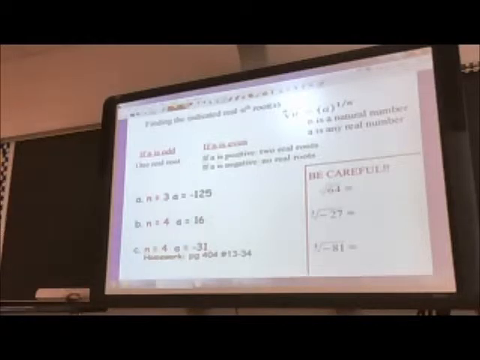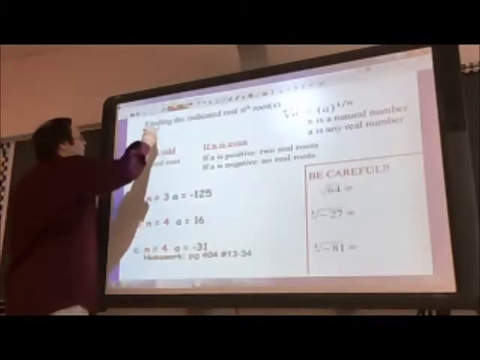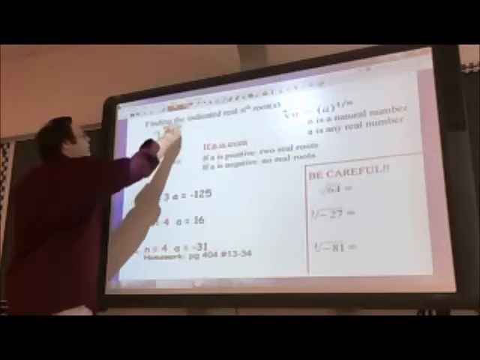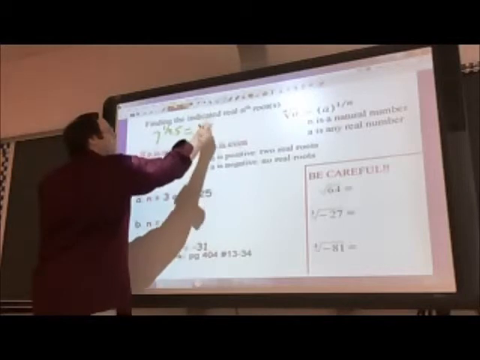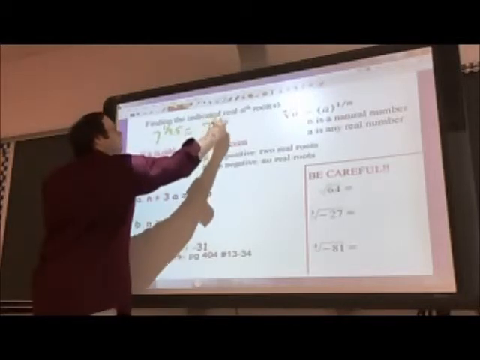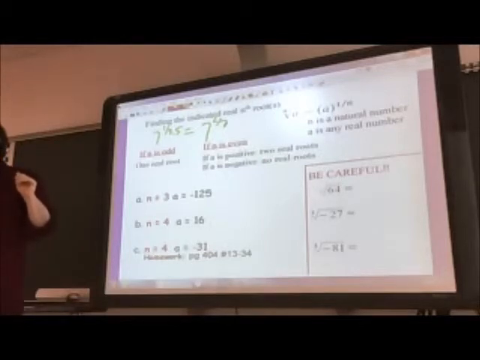And remember, if you have a root like this, let me show you something. If you have something like 7 to the 1 over 3.5 root, that's the same thing as 7 to the 2 over 7th root, because those fractions are equal.